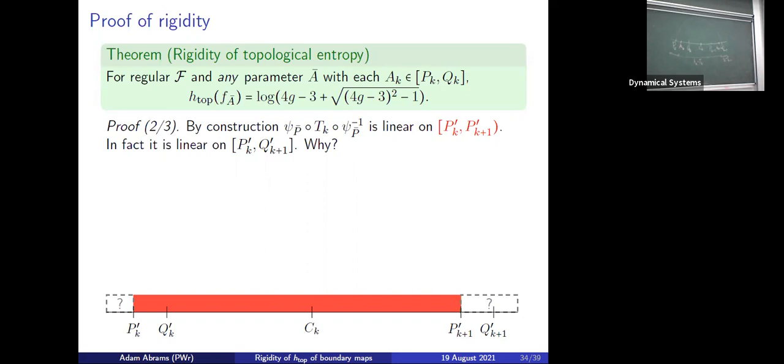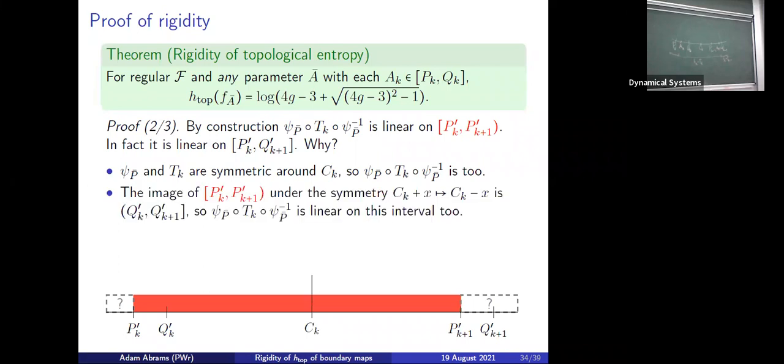I'm claiming that we can extend that section where it's linear just a little bit further out to qk plus 1 prime. And the reason I know we can do this is using the symmetry. So the conjugating map is symmetric around CK. The generator is symmetric around TK. So this composition is also symmetric around CK, which means I can take this red interval and reflect it around CK.